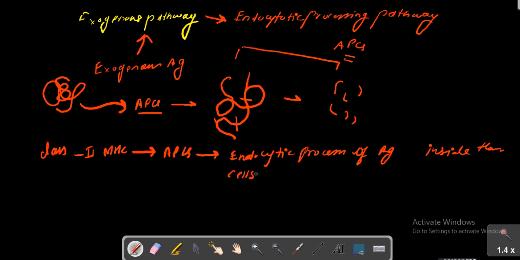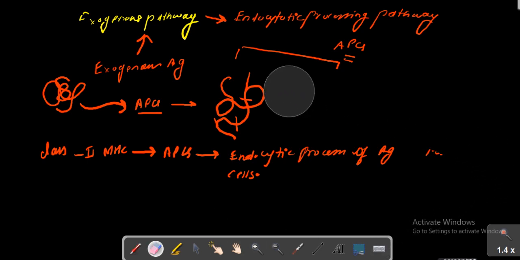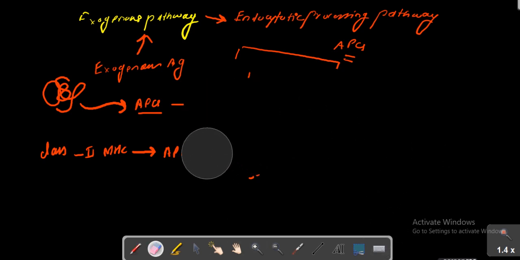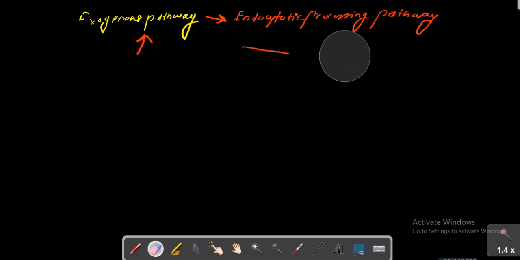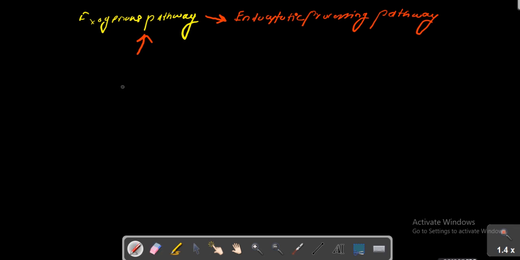Okay, so let me draw one figure so that it can become more clear. Suppose there is a cell, so let me draw a figure.